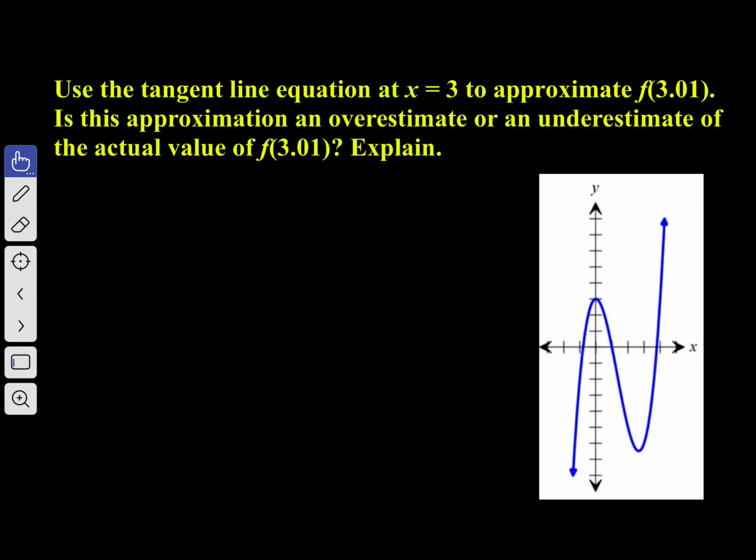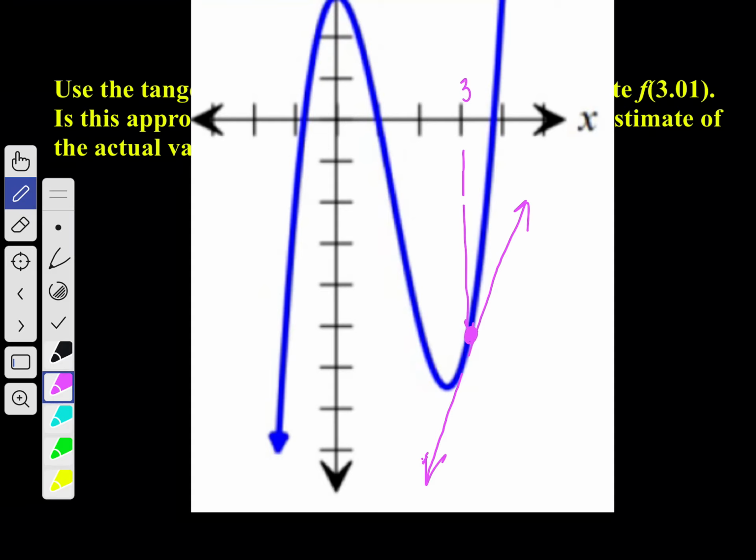All right, and so let's use the tangent line at an x value of 3 and then approximate f of 3.01. Is the approximation an over or under? Okay, wow, look, I can really move this graph. So at an x value of 3, here's 3 right here, I would intersect this graph right here. So my tangent line, trying to only touch it once, but it's hard to draw.